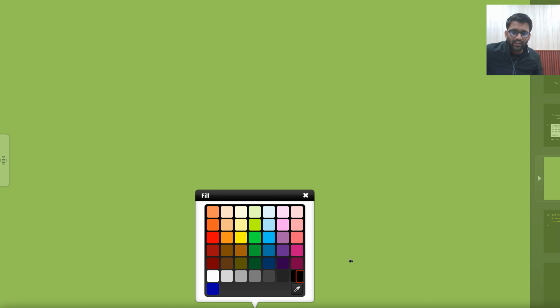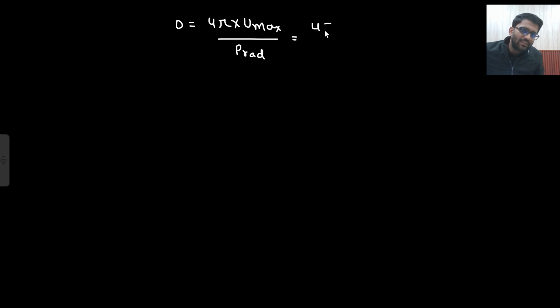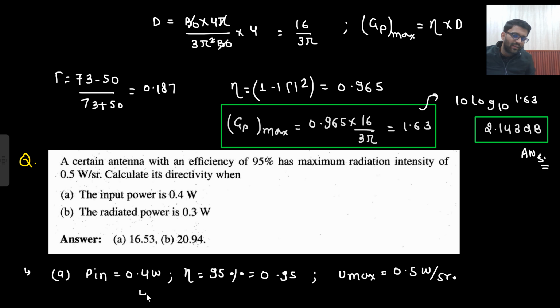So what is the formula of directivity? That certainly I know. Formula of directivity is 4 pi into Umax divided by P radiated, or you can write Umax divided by P radiated into 4 pi. So 4 pi is there, Umax is also there, but I don't have P radiated. Do you have P radiated? Yes.